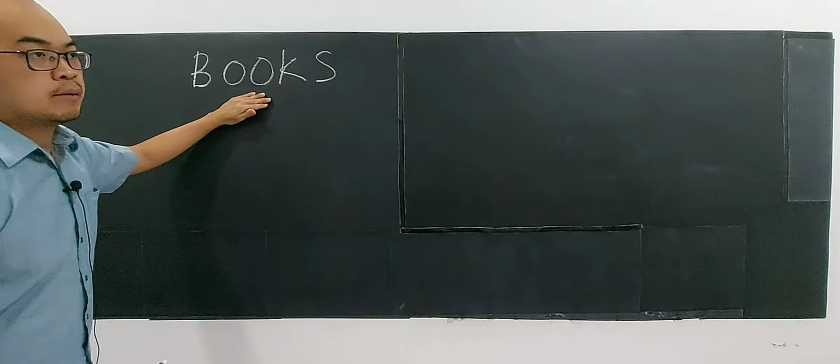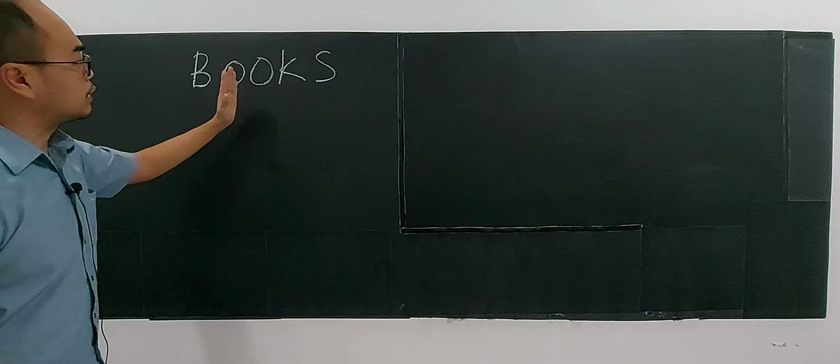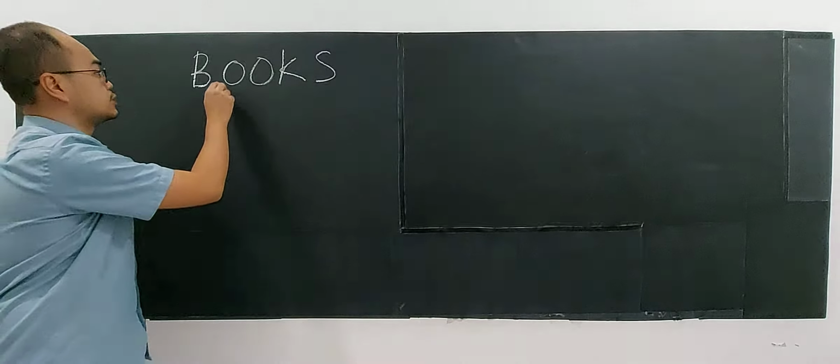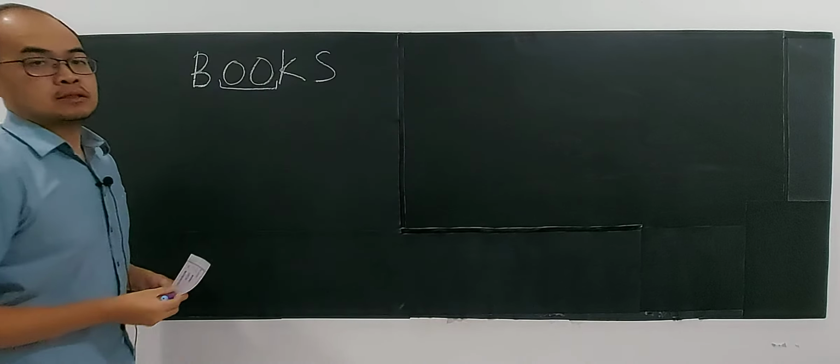But the problem here is that not all the alphabets are distinct. You see that O is identical.